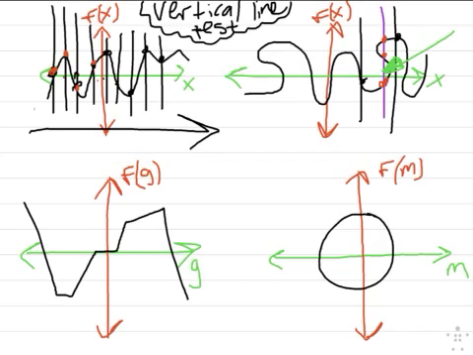We've got 1, 2, 3. So this is not a function, so I'll put an x through it. It cannot be a function, because at some point along this graph, for a particular x, I have 3 y values. I don't have exactly 1. I have 3. So that's a problem. Not a function.